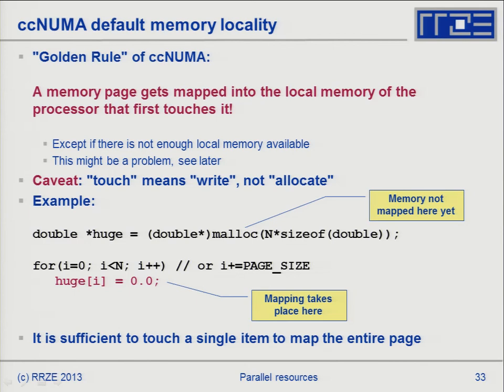So sometime here, someplace in your code, you have this loop, initializing all the data to 0. That's what everybody does, hopefully, in their programs. And this is done by a single thread, which means at this place, in this loop, all those pages will be mapped. And you see this, if you allocate a huge chunk of memory, 50 gigabytes, on your system, and you initialize it, it's very, very slow.